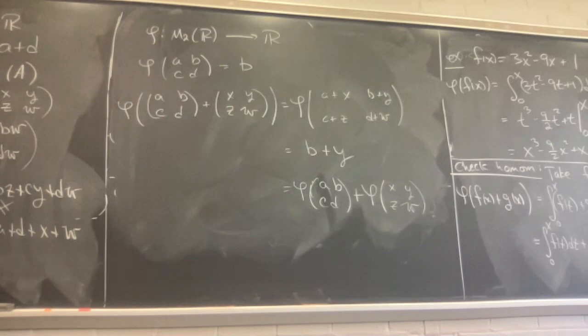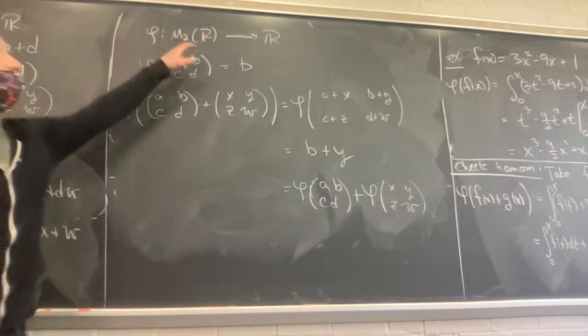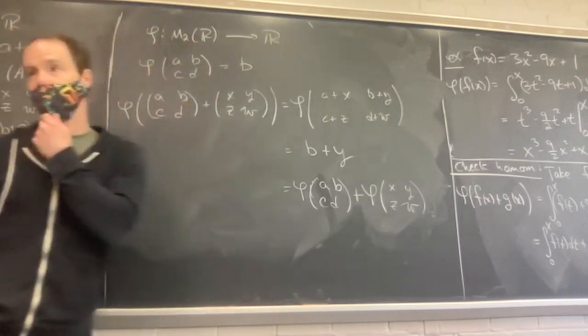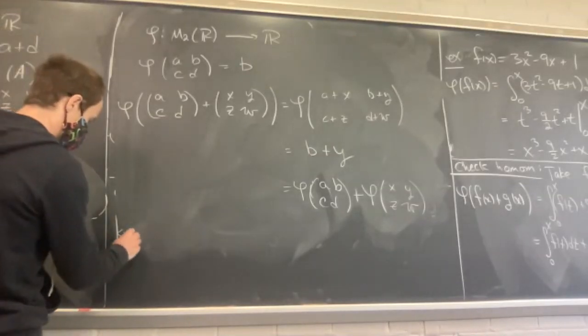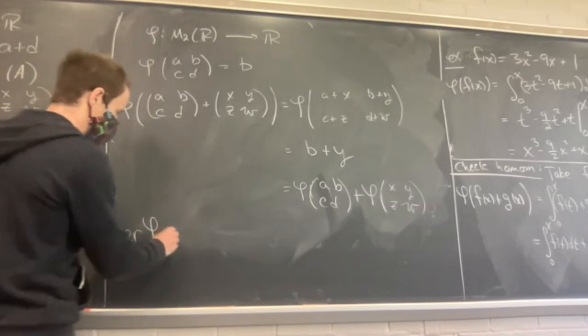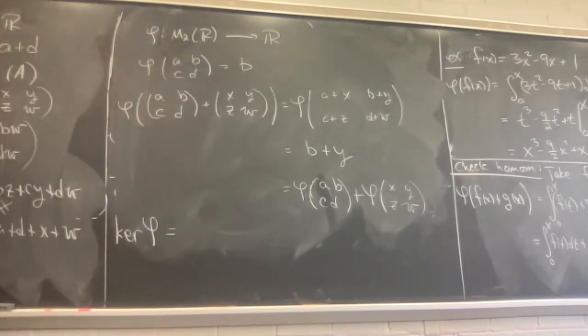Now you might ask what the kernel is. Well, we need to know what the identity is over here, and that's going to be 0, right? So the kernel is going to be every matrix that's sent to just the number 0.